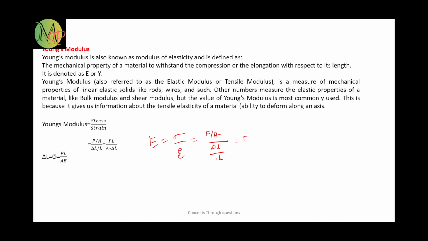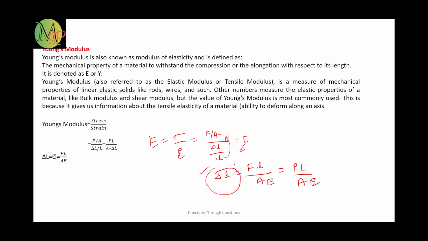That can be written as delta L equal to F L divided by A E. A will just come down. Okay, F L divided by A E, or in place of F sometimes P is also used for force, P L divided by A E. So please remember this formula.